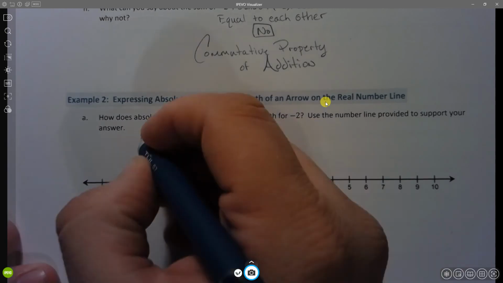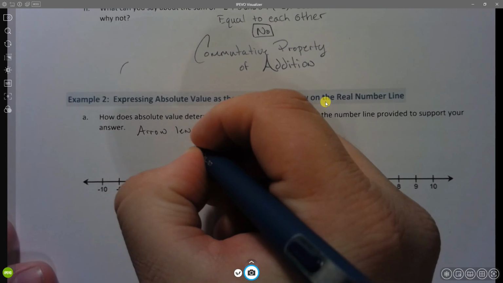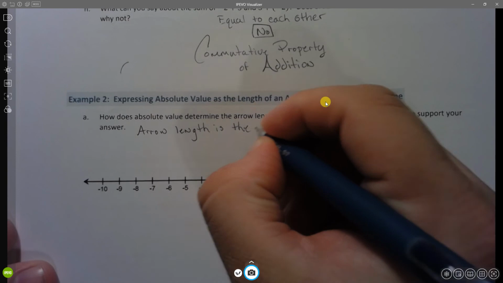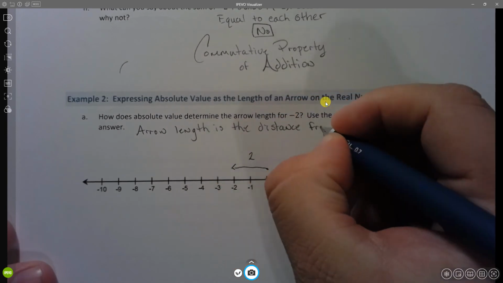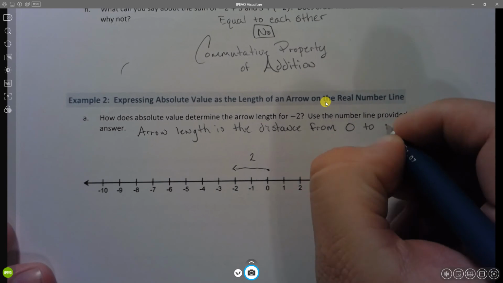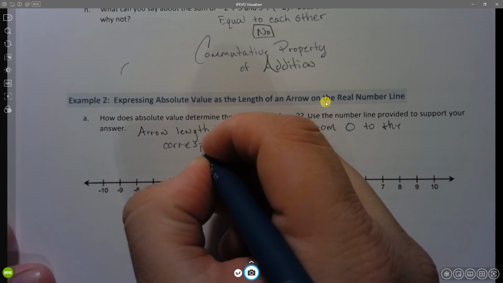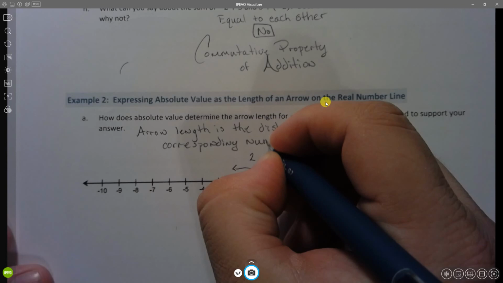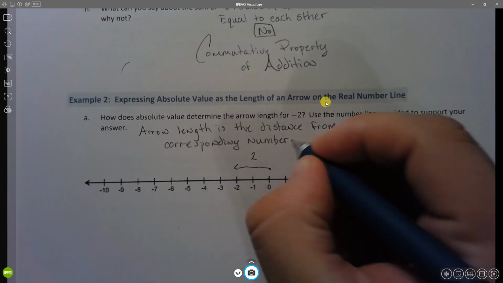We know because the arrow length is the distance from 0 to the corresponding number. That's all it is. Not even that hard, not even that difficult. Okay, all right, let's continue on.